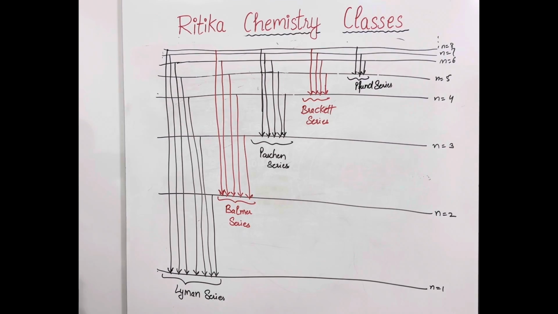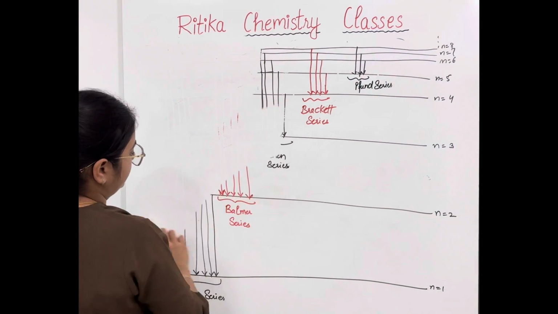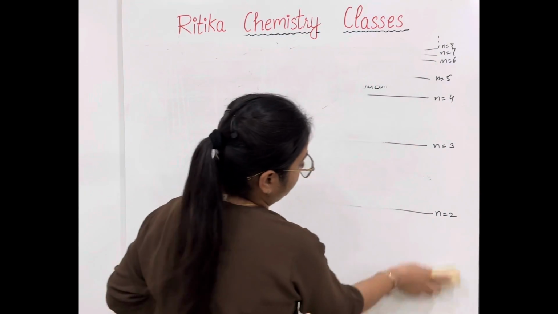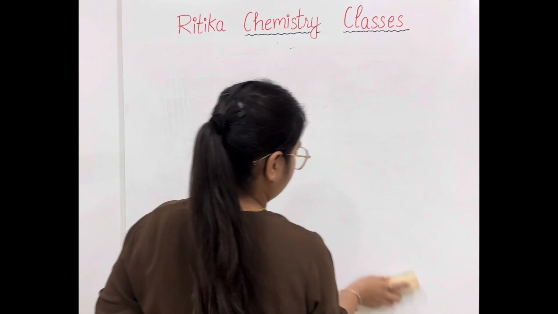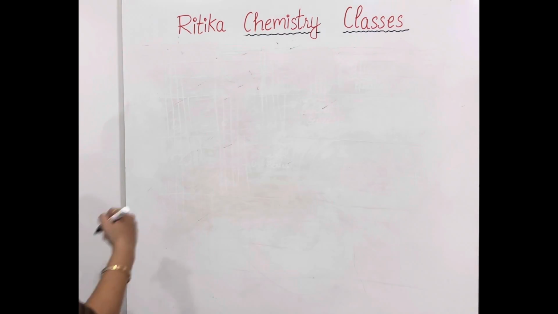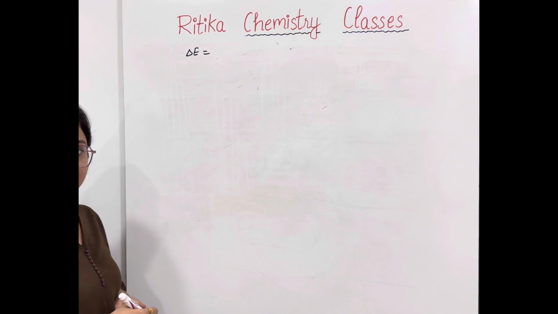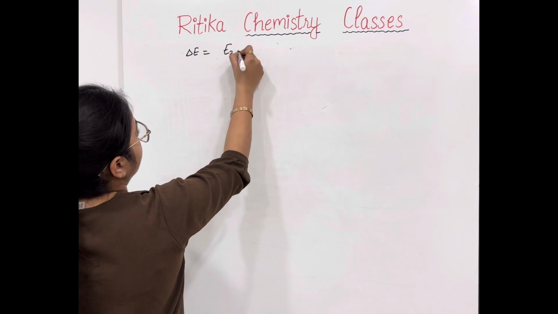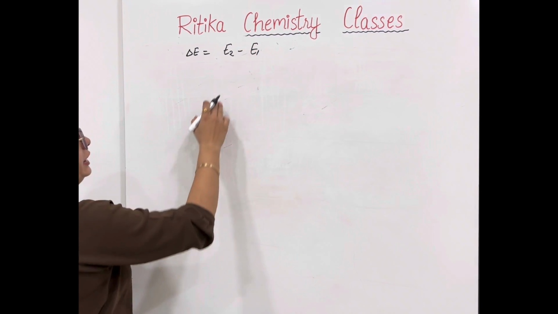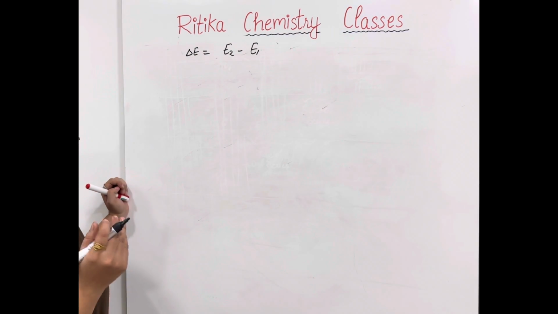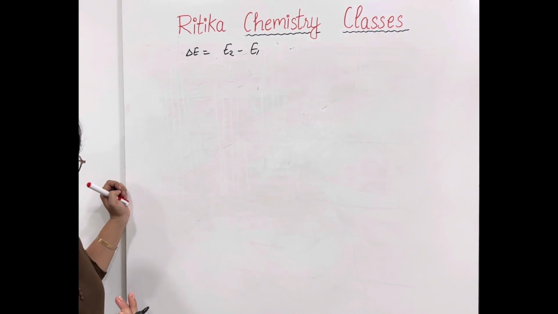So if we talk about the amount of energy emitted, write down what will be the amount of energy emitted. The amount of energy emitted will be denoted by delta E, which will be equal to E2 minus E1, where E2 is the energy of the electron in energy level n2, which is the higher energy level, and after the transition it comes back to lower energy level n1 having energy E1.